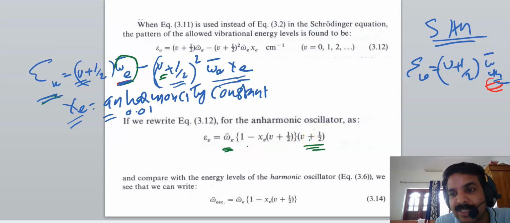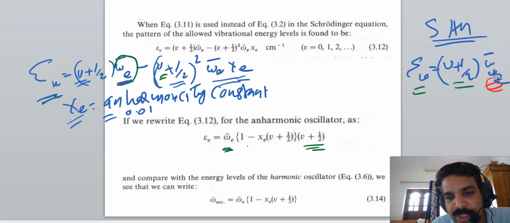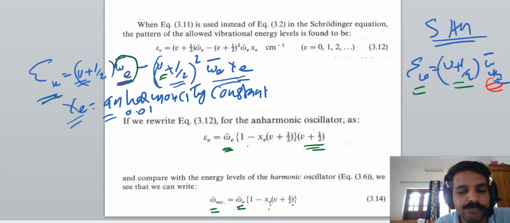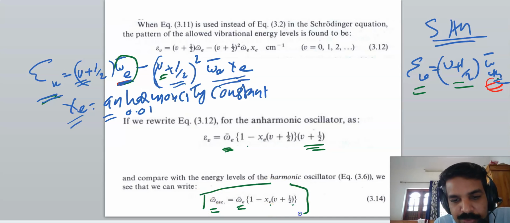By comparing this with the equation E_v = (v + 1/2) omega bar oscillation, we get omega bar oscillation is equal to omega bar e into [1 minus x_e (v + 1/2)]. That's the relation between omega bar oscillation and omega bar e.